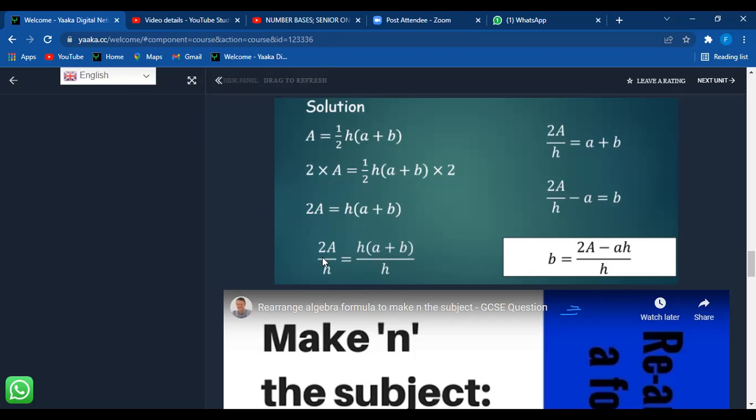Then we divided by h, both sides, and that gave us 2A over h is equal to small a plus B. And then we took the a to the left-hand side, and it became a negative. And then we concluded with B is equal to 2A minus small ah over h.